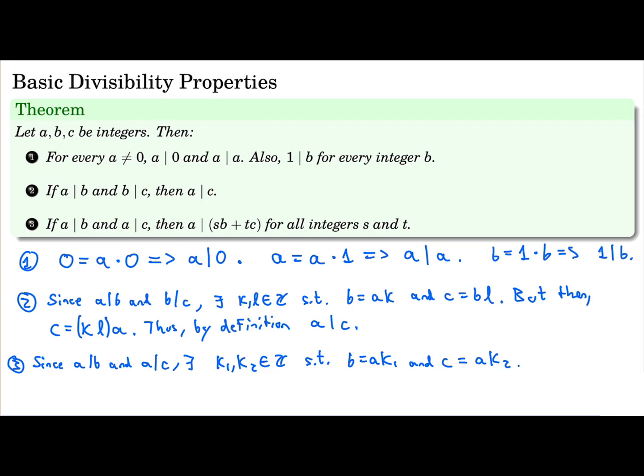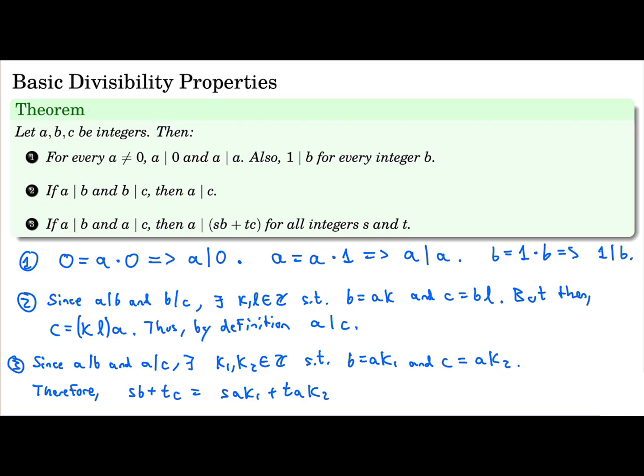But now, when we write sb plus tc, since b is equal to ak1, we get s a k1 plus t a k2.